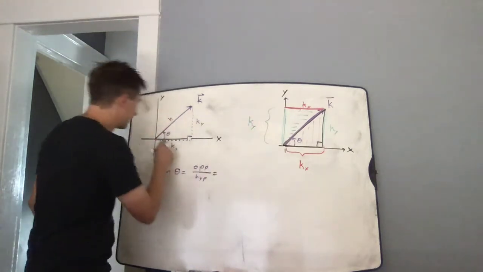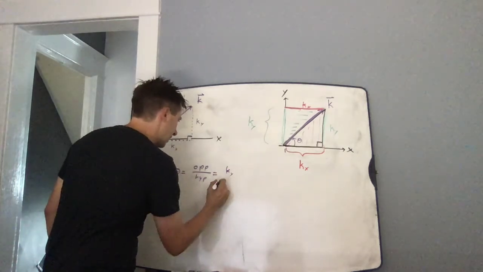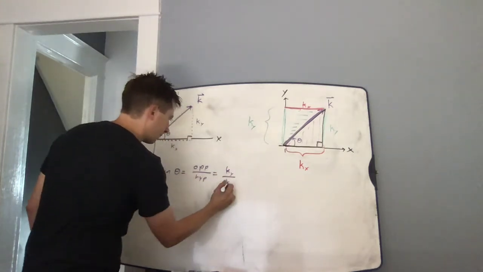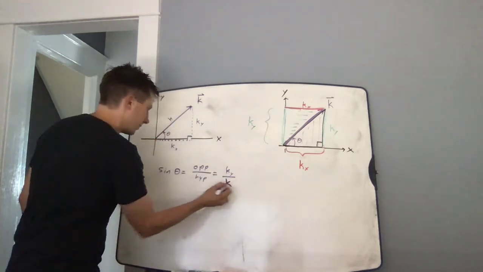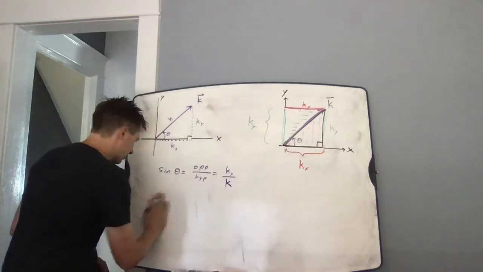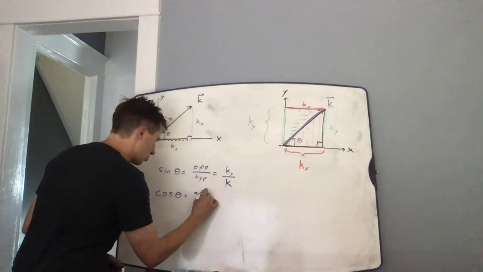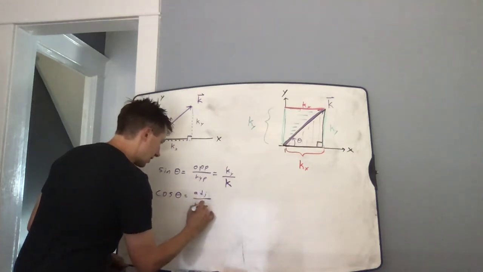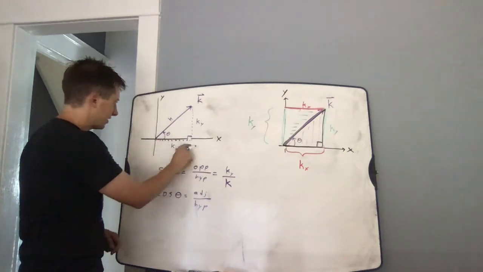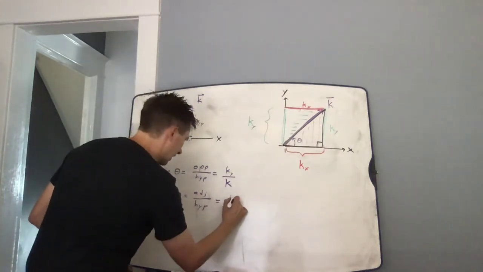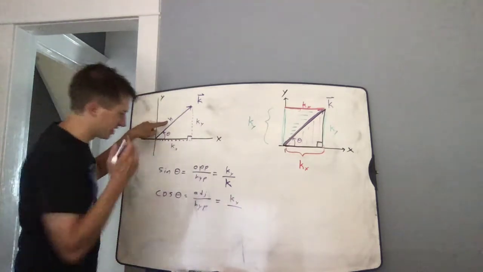So in this case, the side opposite theta is ky, and the hypotenuse is just k. And I could similarly say cosine of theta is going to be adjacent over hypotenuse. Adjacent here, the side next to angle theta, is kx. And the side that is the hypotenuse is just k by itself.